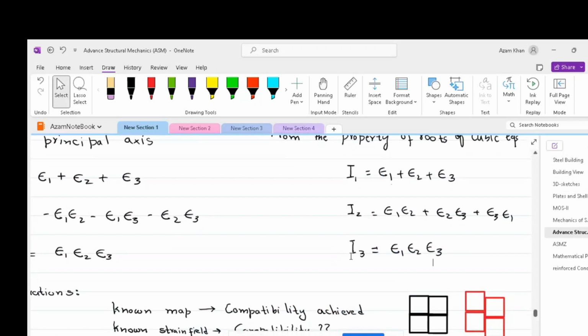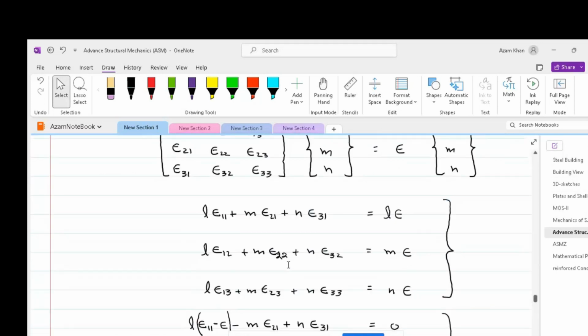I1, I2, and I3 are the invariants of the strain tensor. That is, their value would be the same regardless of rotation of the coordinate axes. It is also important to note that the three equations given here are not independent. In the case of structural mechanics, only 2 out of 3 of these equations are independent.